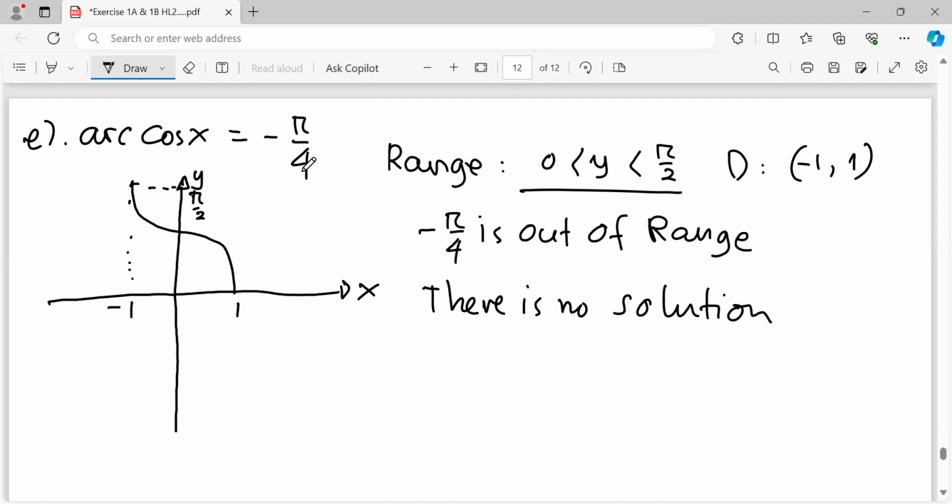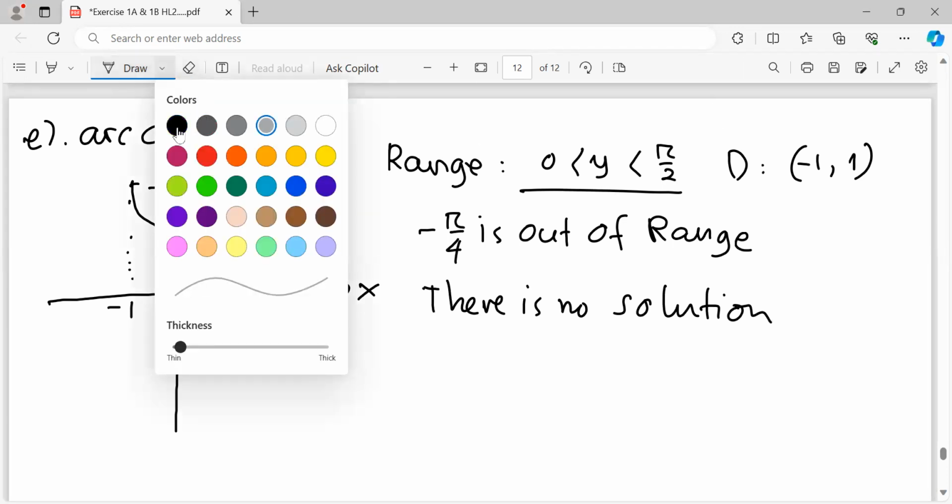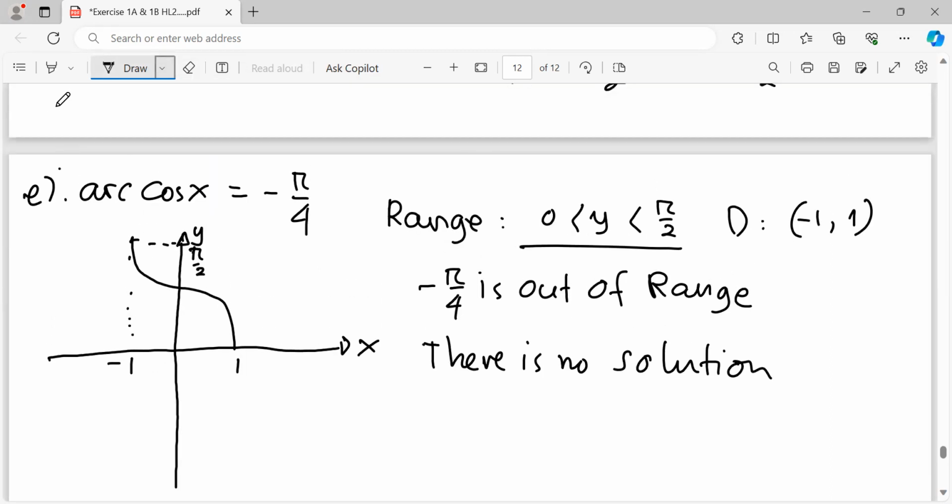Recall if the outcome is out of range, it means there's no solution, even if you can determine the solutions of cosine or sine or tangent or cotangent.